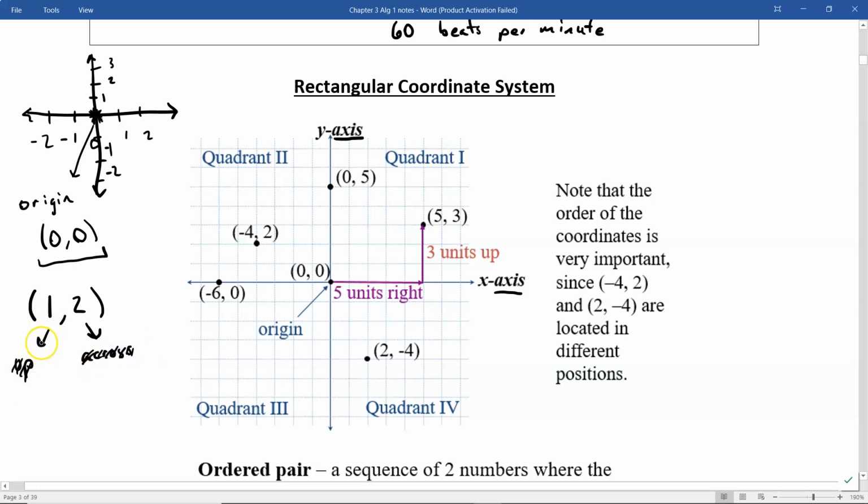So, sorry, this corresponds to 1 unit across and 2 units up. So the sequence is x, comma, y. The x-axis is the horizontal axis, and the y-axis is the vertical axis.